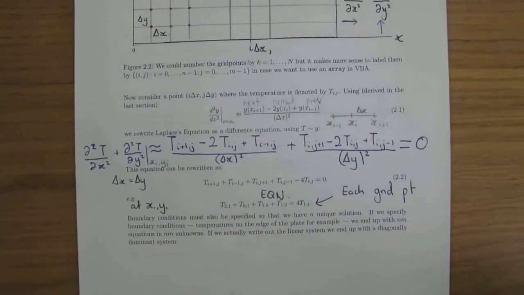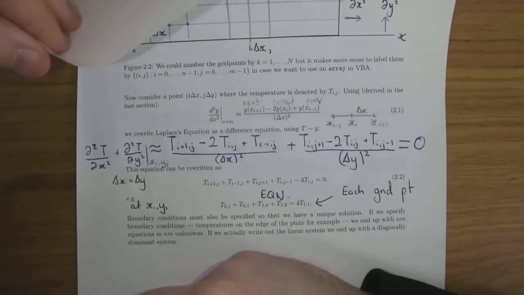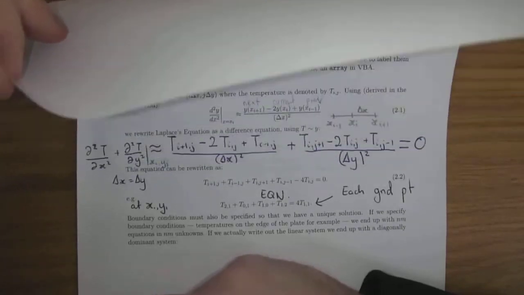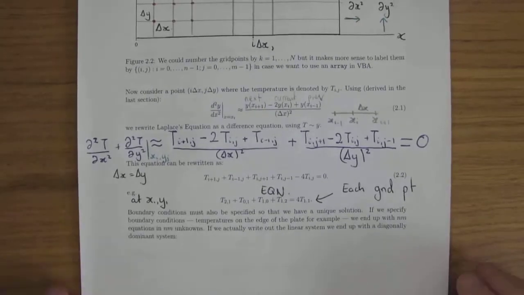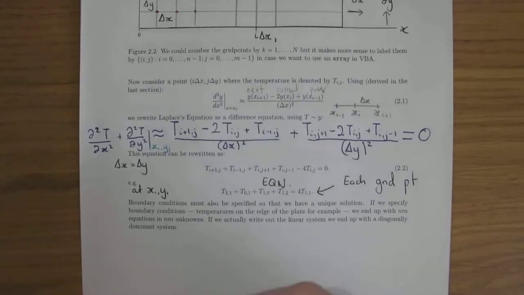Now it's telling us something about a diagonally dominant system. Right. So what you end up with, if I am remembering this correctly, is something like this.